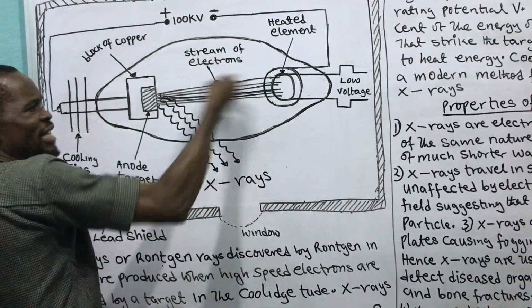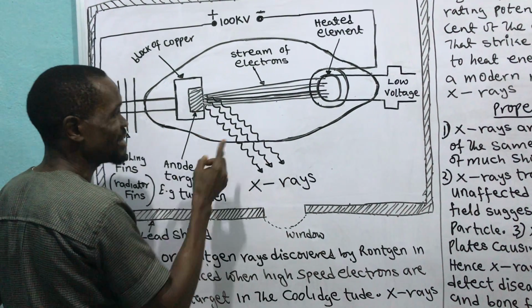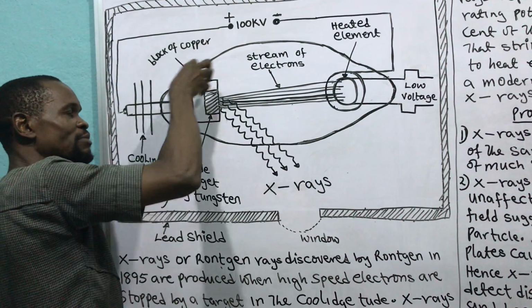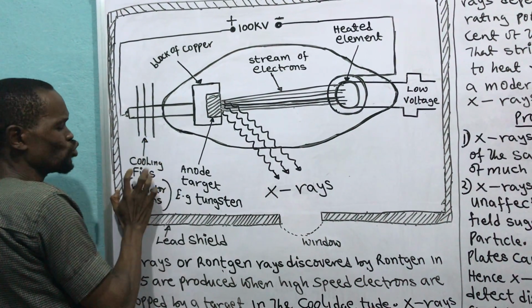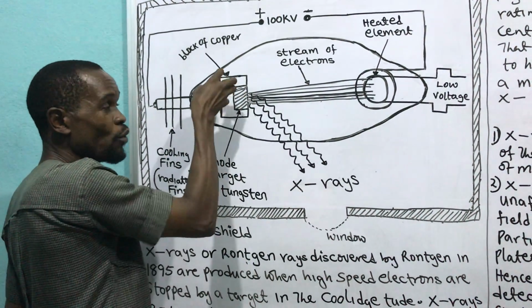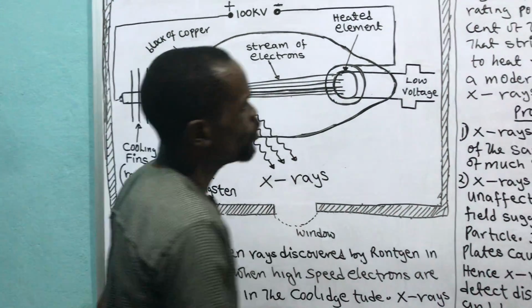Some of the energy striking this is converted into heat. We say it is 1% of it which is generating heat here. As a result of this heat being generated, we use what we call a cooling fan to reduce the heat, because here will be very hot as this stream is heating it. That's what we are saying here.